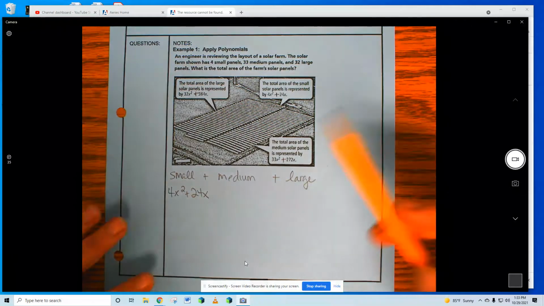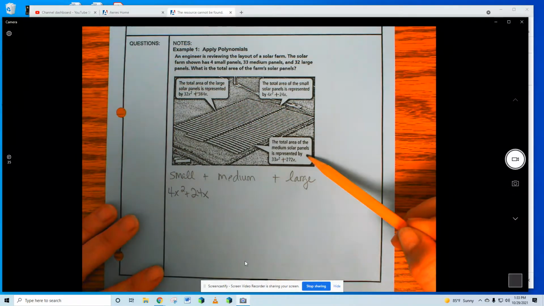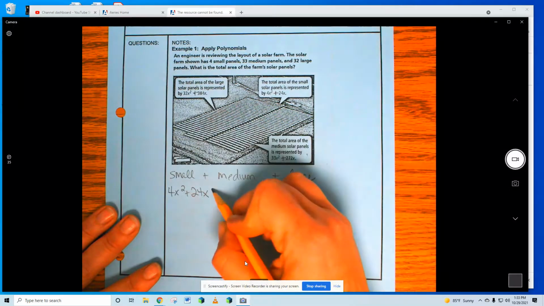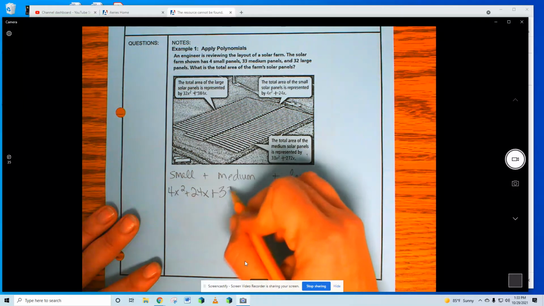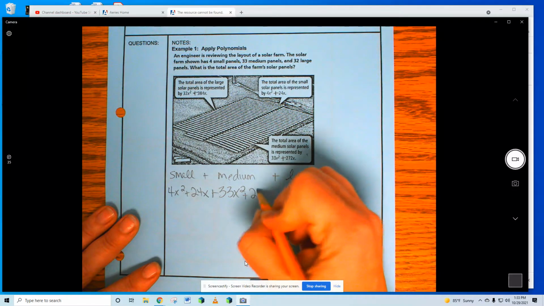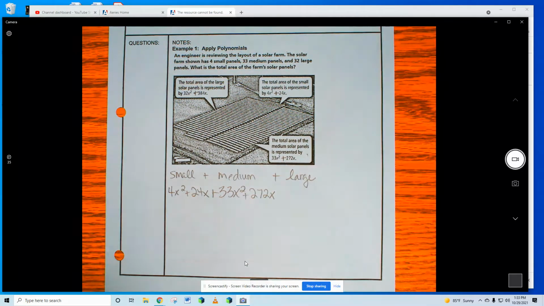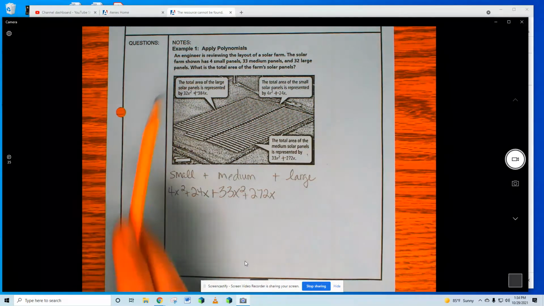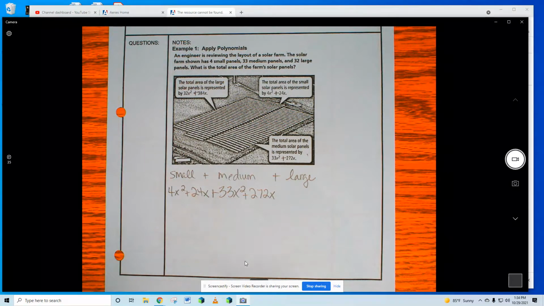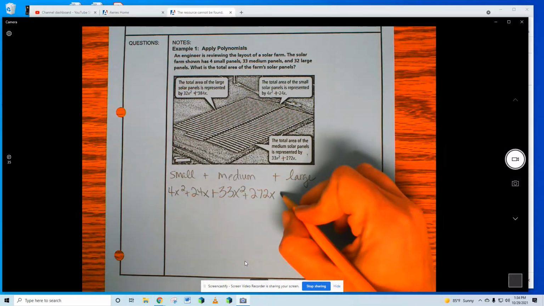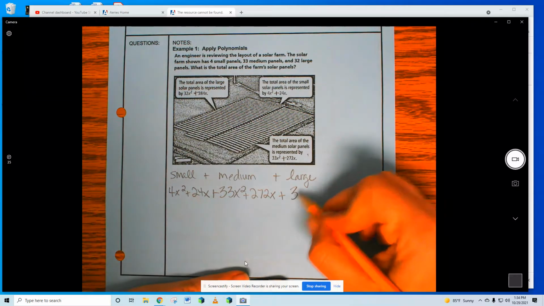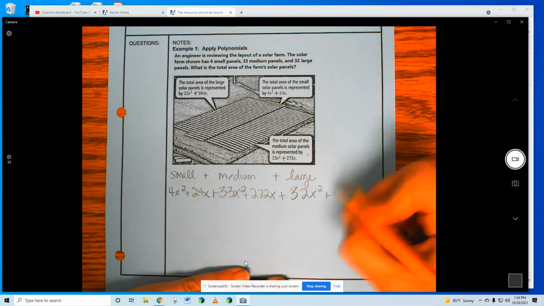My medium is down here on the lower right: plus 33x squared plus 272x. Plus my large is up on the top: plus 32x squared plus 384x.